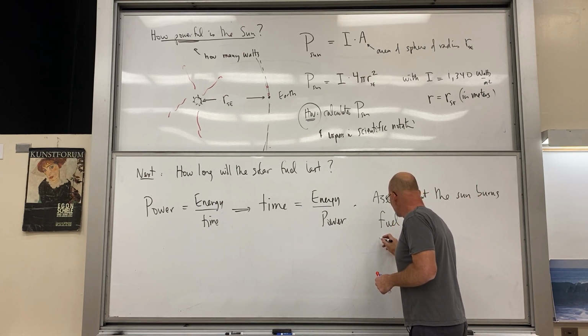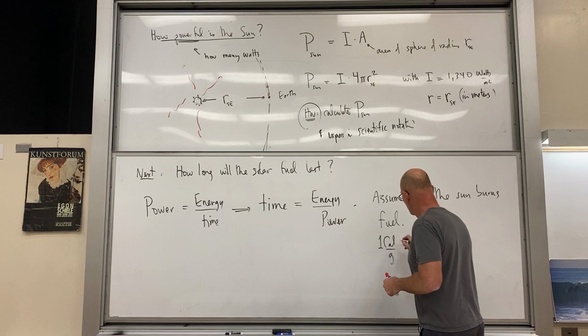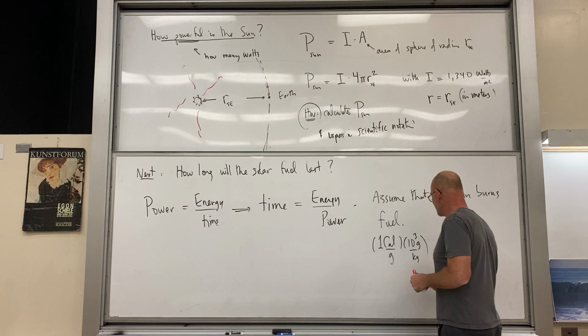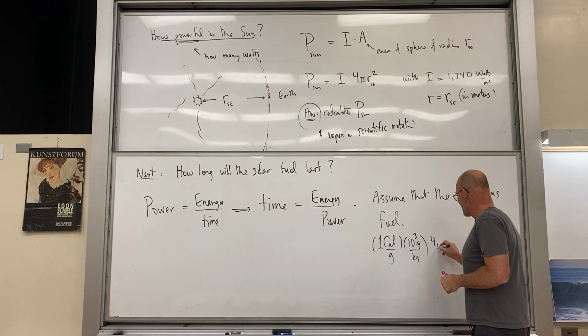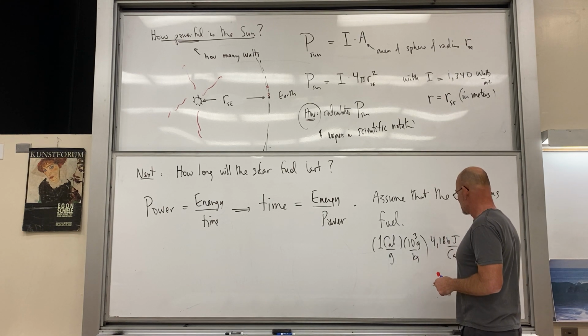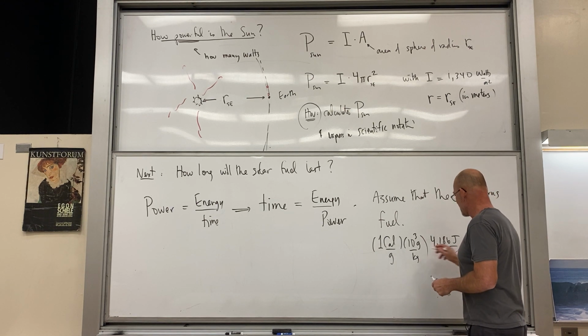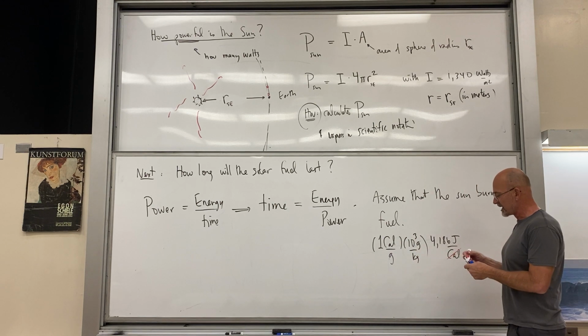We know we have 1 kilocalorie, 1 calorie per gram, and we have 10 to the third grams per kilogram, and we have 4,186 joules per calorie. So when we do this, you see we can cancel these calories, grams, we're left with joules per kilogram.